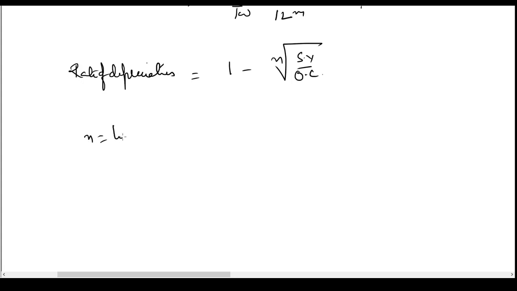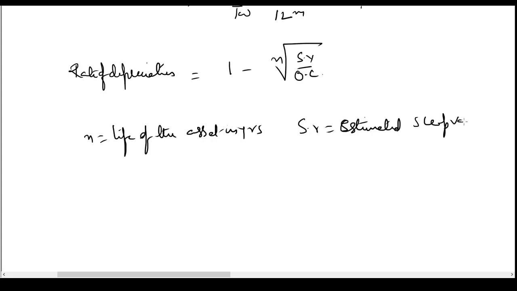N here is the life of the asset in years, whereas SV is the estimated scrap value, and OC is the original cost of the asset.